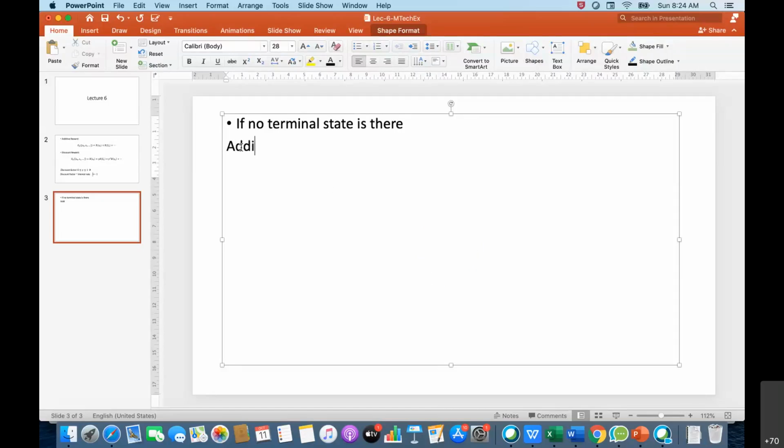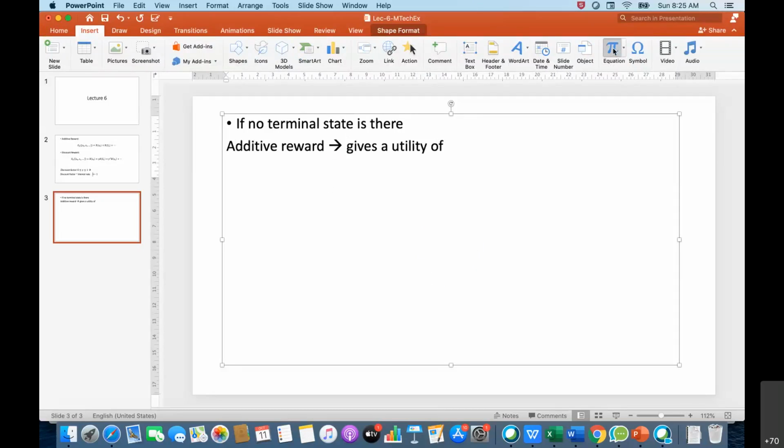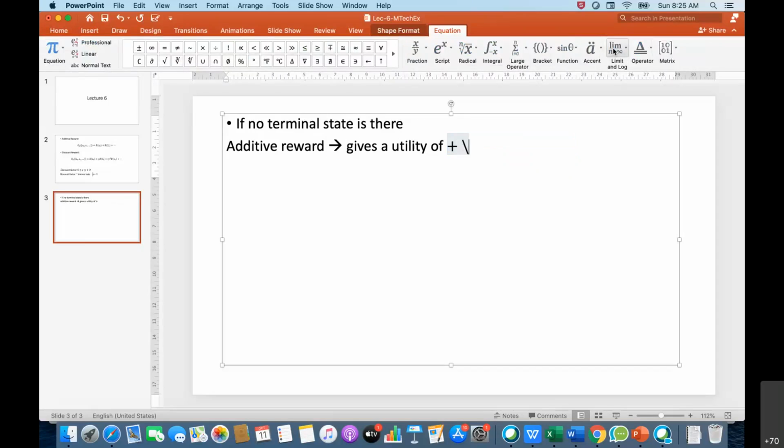With additive reward, you are going to have a utility of plus infinity.